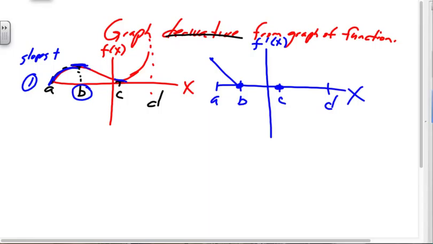Now you notice here, my slopes are negative. It's a decreasing function. Slopes of my tangent line are all negative. Not only that, but they're going to increase to this point, and then they're going to decrease down to 0.